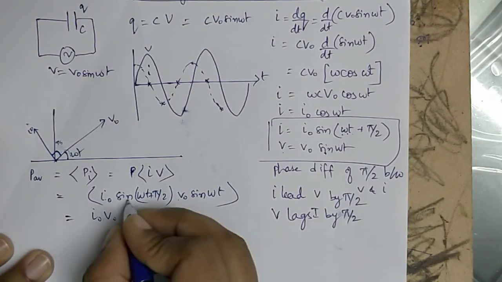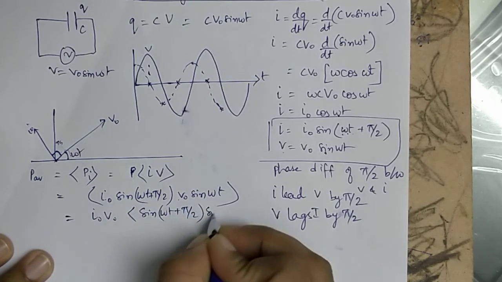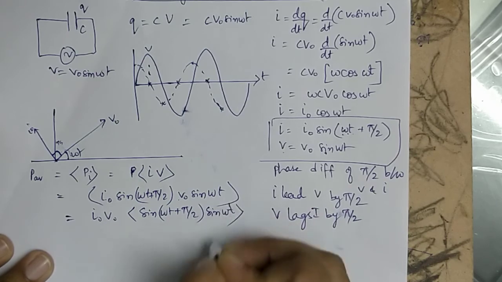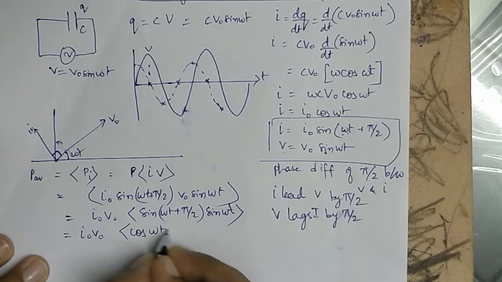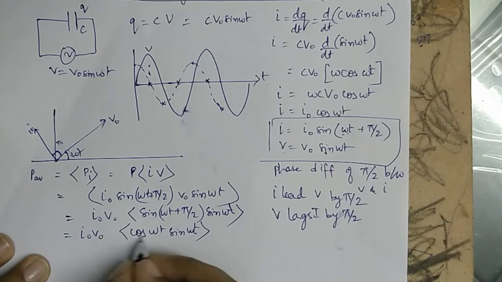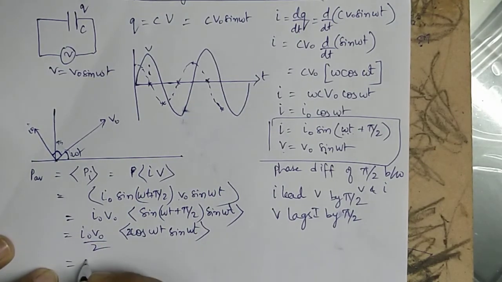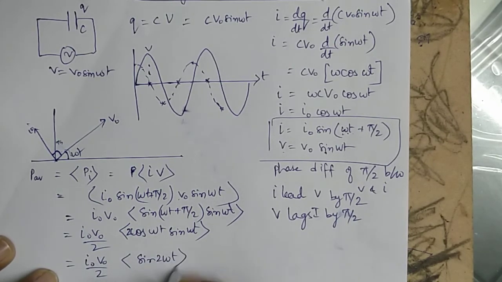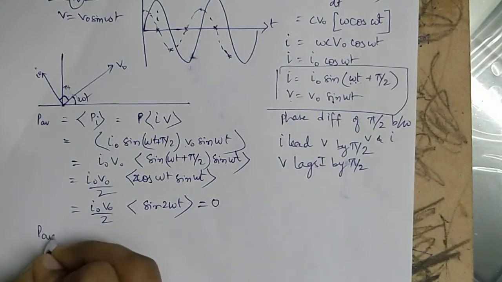It will be just sine omega t plus pi by 2 into sine omega t. This becomes cos omega t, so I naught V naught cos omega t sine omega t. If I multiply with 2 and then divide by 2, 2 is a constant, so I have written I naught V naught by 2 outside, and this becomes sin 2 omega t. The average of sin 2 omega t for one complete cycle is 0. So we get 0. The average power here is also 0.